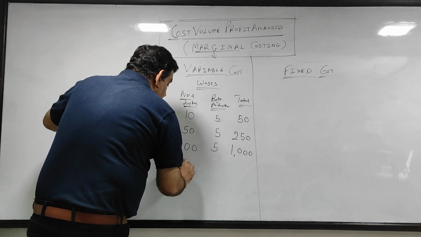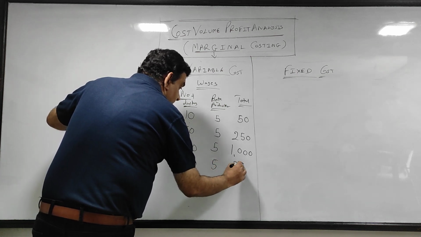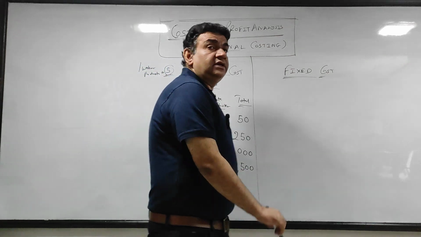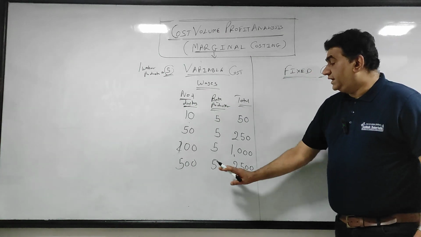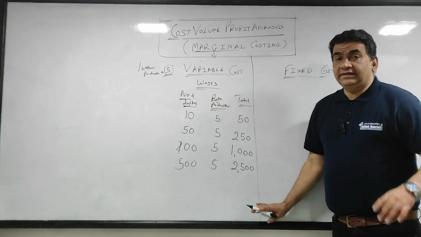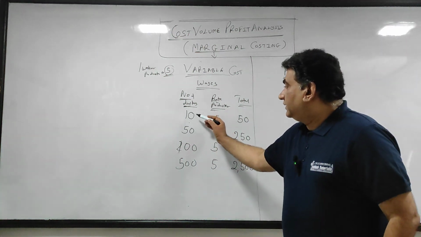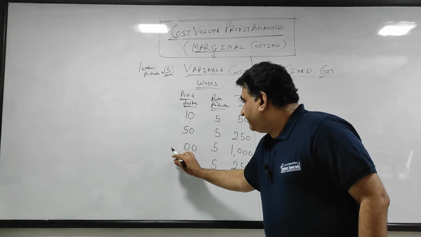Now I manufacture 500 dusters. 500 into 5, 2500. Now let me reduce the quantity a bit. I gave examples of 10 dusters, 50, 200, 500.